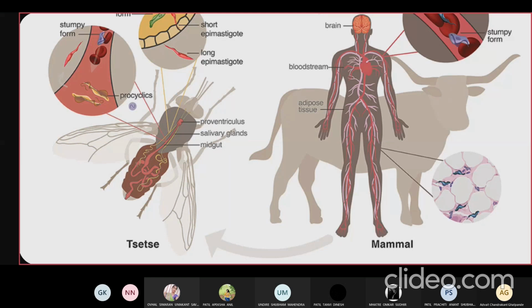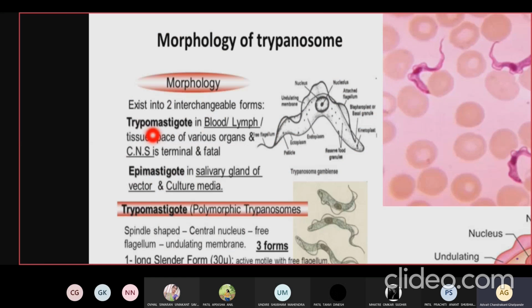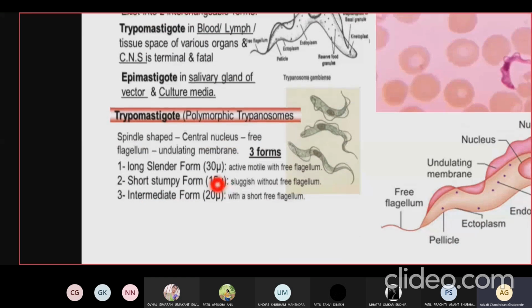The diagnosis is done in blood and cerebrospinal fluid, as well as in the salivary gland of the vector, and so here are the forms.